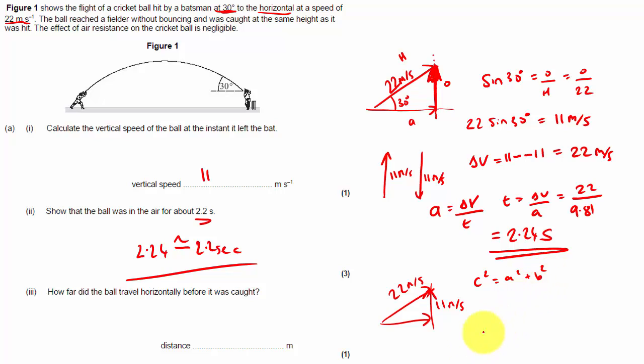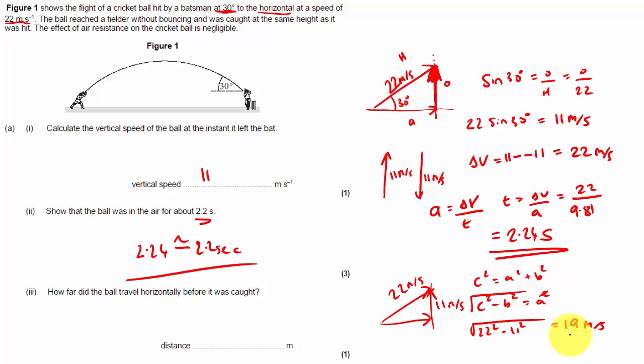I have c squared and b squared, so I need to do c squared minus b squared, rearranging for a squared. Take the root of both sides, cancels that off. So I'm going to do 22 squared minus 11 squared, all rooted, which will be equal to the initial horizontal velocity, which comes out at 19 meters per second.